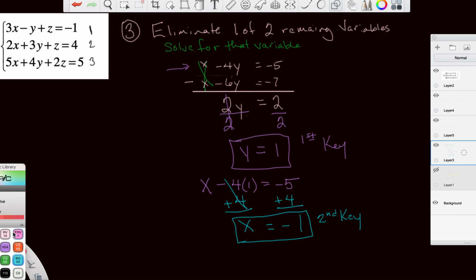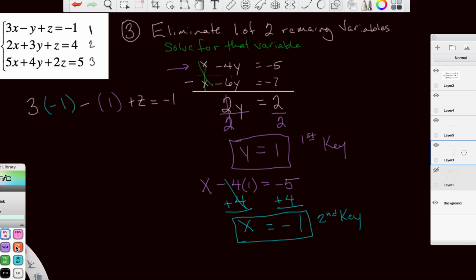So, I'll go back to this color. 3 times negative 1, because that's what we found for x, minus, right, because it says minus y, and I'll use that color for y, minus 1 plus z equals negative 1.